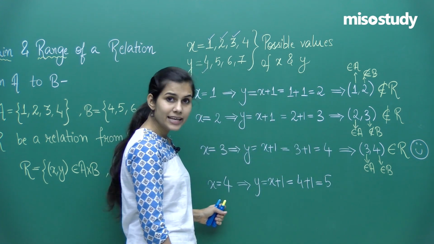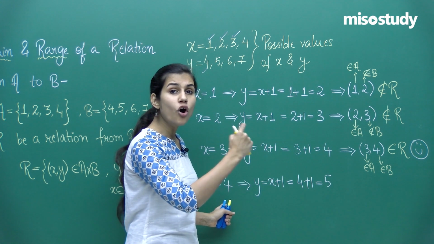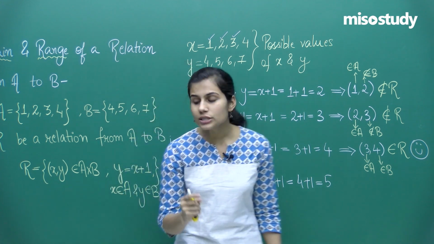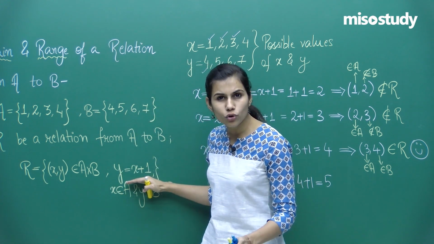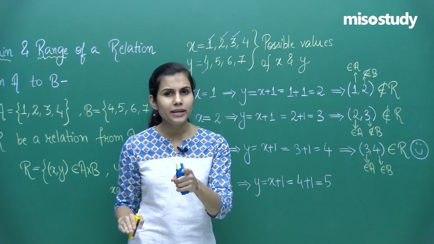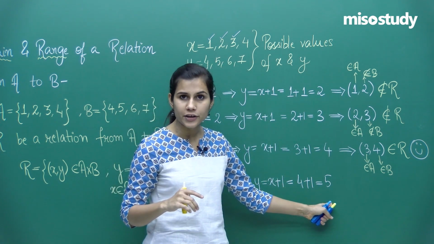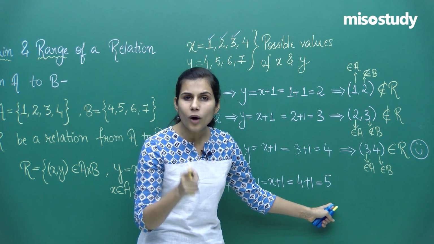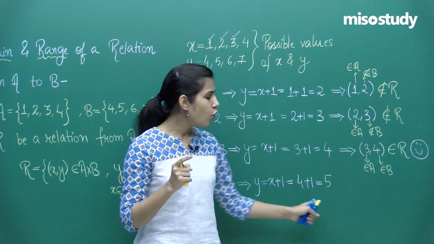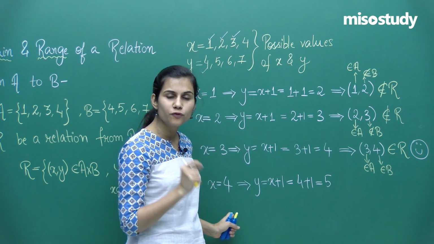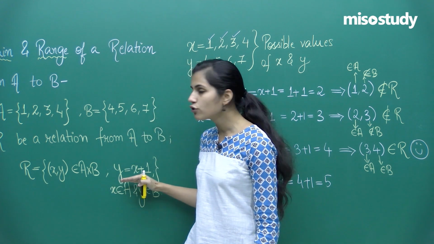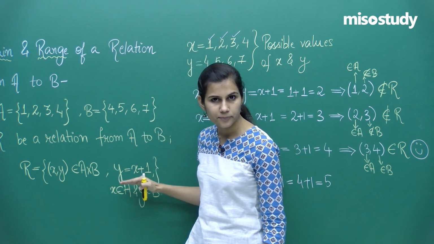That means with x equal to 4, if I want a y which is going to satisfy my rule, that y has to be necessarily equal to 5. No other y can fit over here if x is equal to 4, which can satisfy the rule of y equal to x plus 1.